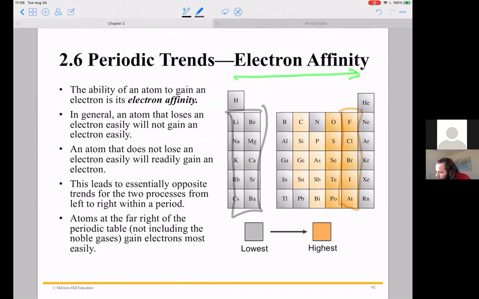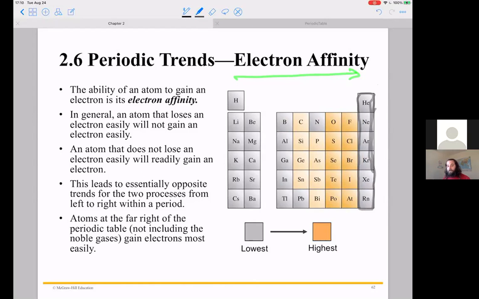Okay, so our trend for this one is going to go from left to right. Depending on the textbook that you look at, there's a bit of a downward trend as well, but we're going to say that it's really only the left to right trend that matters. Okay. And the other thing I want to point out is look at how the noble gases are an exception.